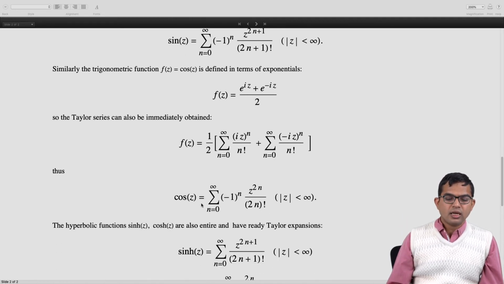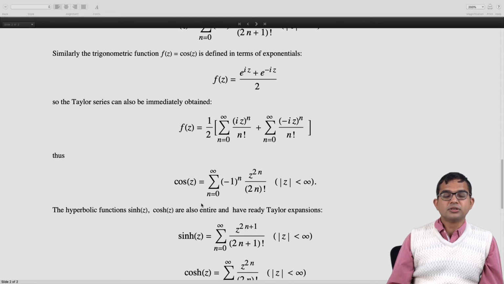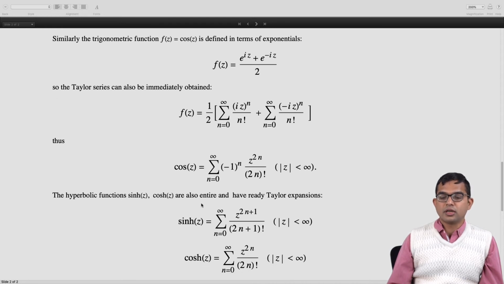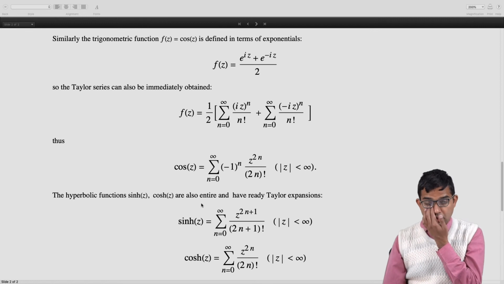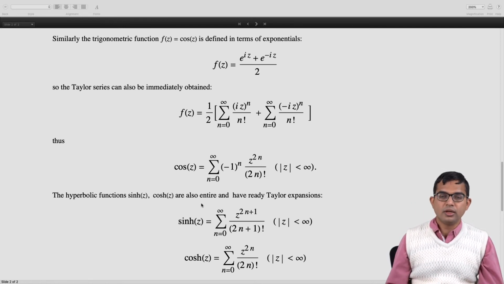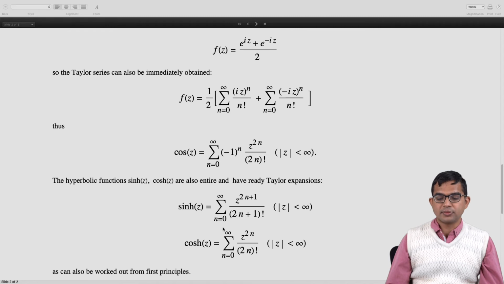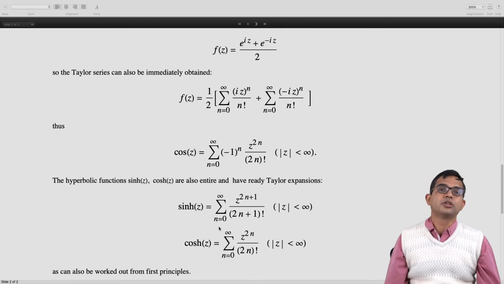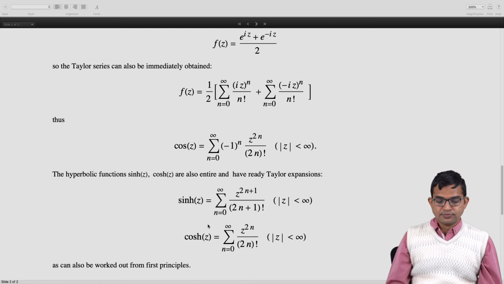Once again, hyperbolic functions, sine hyperbolic of z and cosine hyperbolic of z, are also readily expanded in terms of Taylor expansions. Both of these being linear combinations of exponentials are also entire functions, and they have Taylor expansions which are completely natural generalizations of the corresponding Taylor expansions for functions of a real variable.